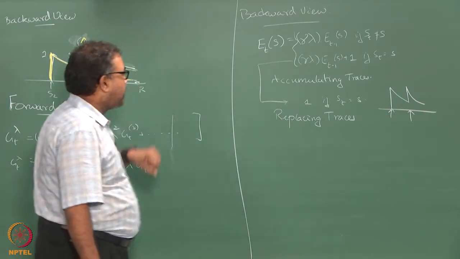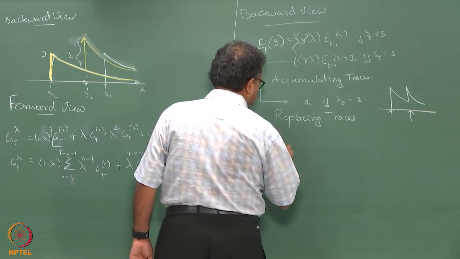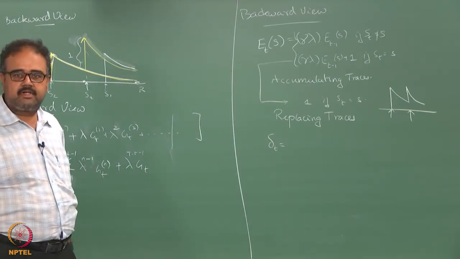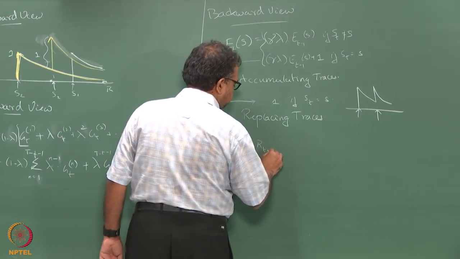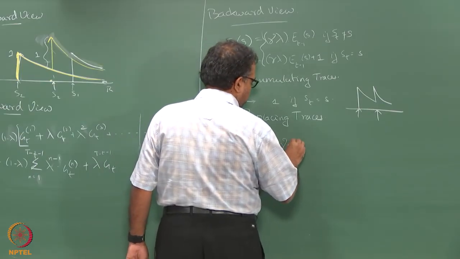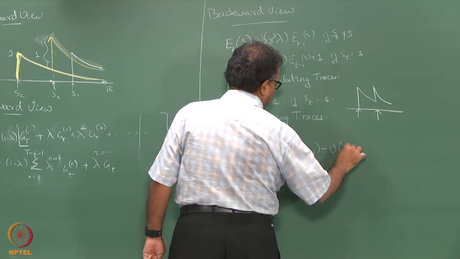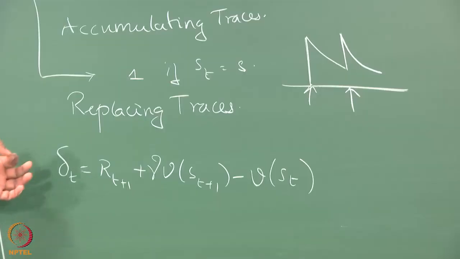It turns out that, let me write this. Let me define small delta t as the TD error, we saw this. This is the TD error.